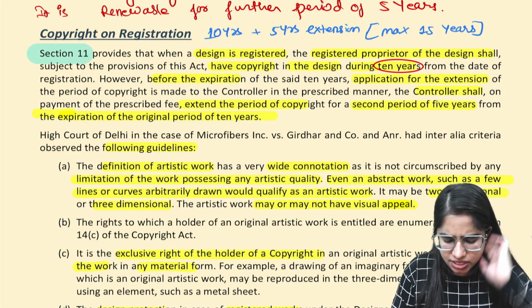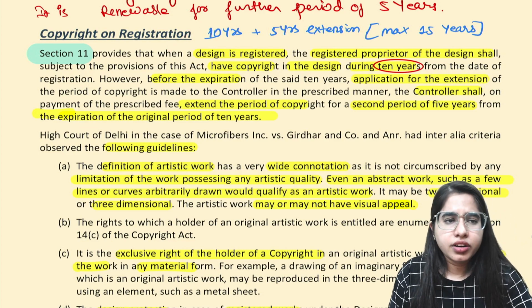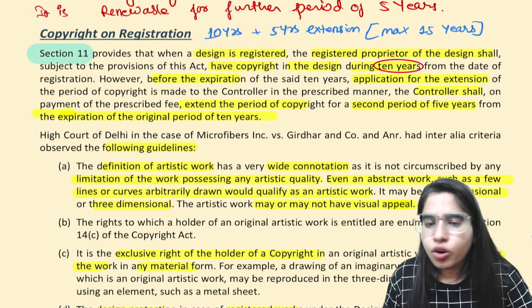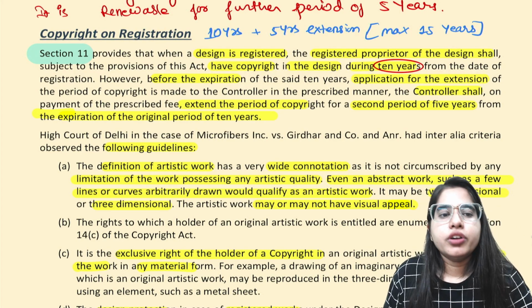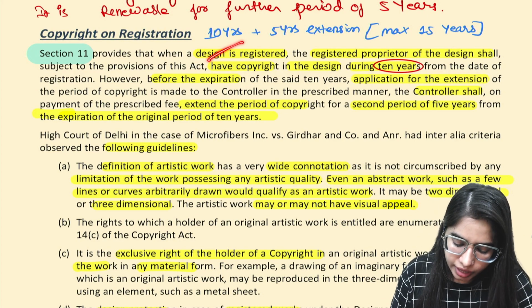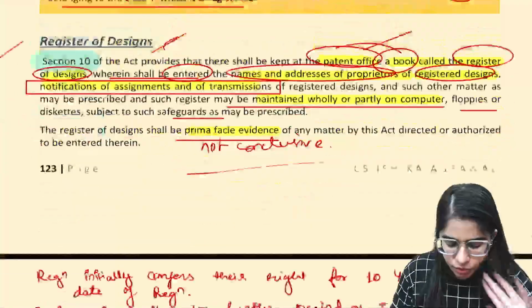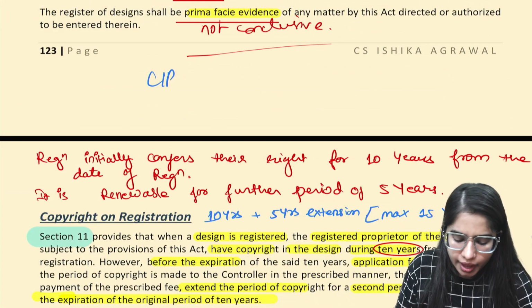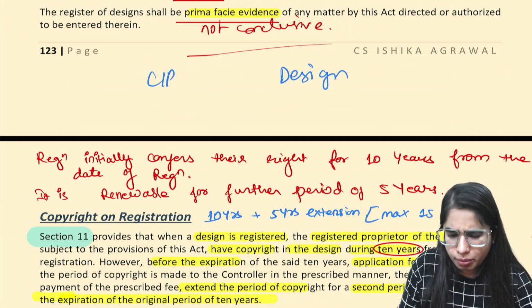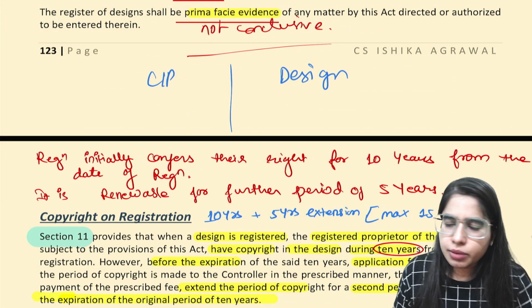Very easy. वैसे it is copyright on registration. For how long do you get copyright protection? For design, you get it for 10 years plus 5-year extension. Now, what is the difference between the normal copyright and the design protection? If you remember, you can make this small difference table in your notebook.